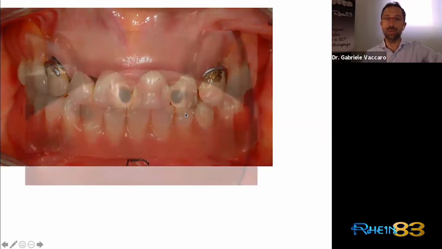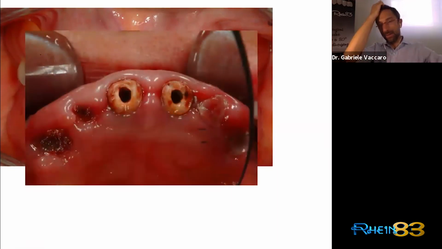So this is another situation, and this is another chapter in which we use residual roots as a temporary solution, waiting for implants. Till now, we saw cases where the patient asked for treatment without implants, or asked for a cheap treatment, and those were definitive solutions over that root. In this following case, we are using the root as a temporary solution while waiting for the implant osseointegration.